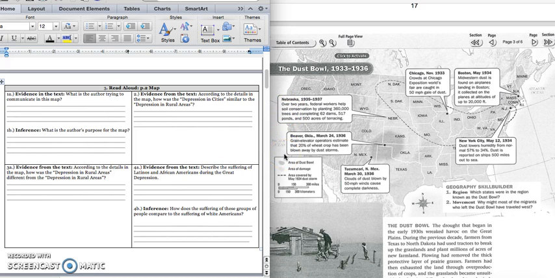Let's keep going. Beaver, Oklahoma. Grain elevator operators estimate that 20% of wheat crop has been blown away by dust storms. All right, so the dust storms are so strong that it's blowing away the plants.